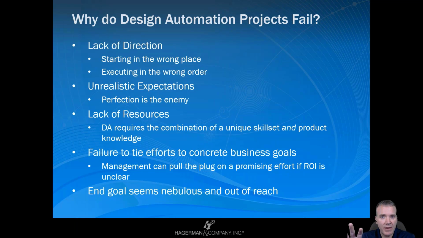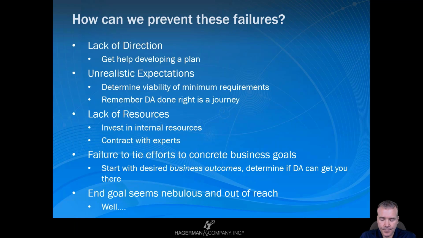And part of why they falter is because it's hard to demonstrate and it's hard to show that there is a way to take that very last big step, right? And that's what Hagerman Automation Connection is for, to help you take that step, right?